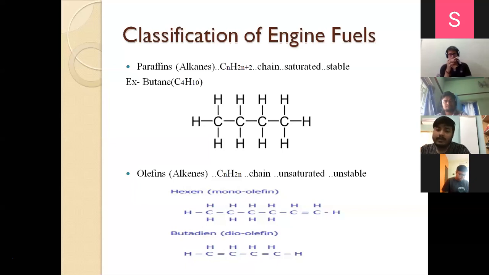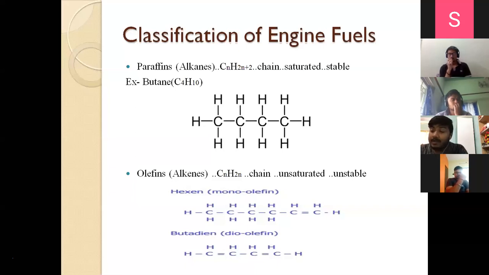Olefins can be categorized into two portions: monoolefin and diolefin. The first option for monoolefin is hexene. Hexene has N of 6. So if I put N as 6 in the formula, it will come C6H12. You can see the bonding and the chemical structure of this hexene.